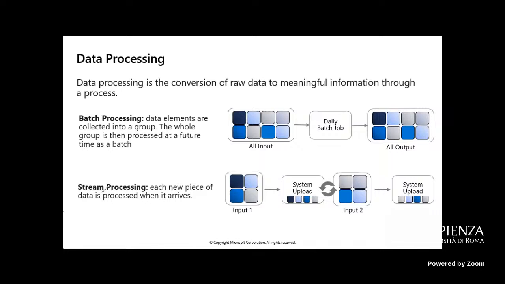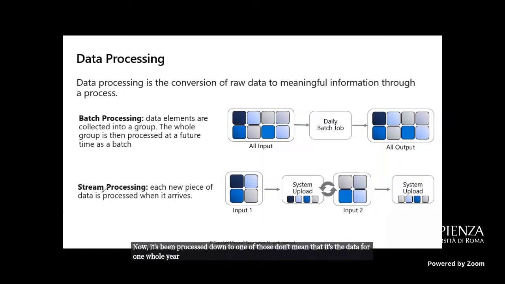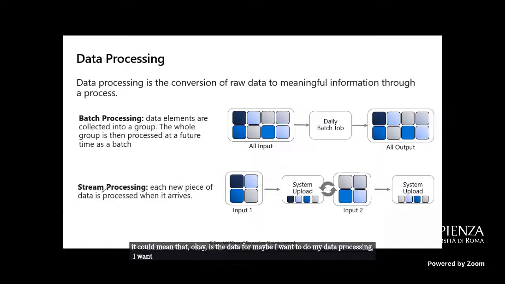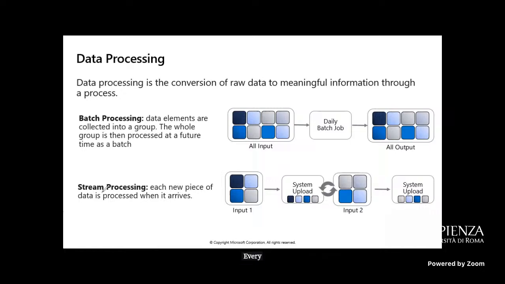So batch processing is typically used for large data sets, where the data is grouped and then processed at once. Now, it being processed at once does not mean that it's the data for one whole year. It could mean that I want to do my data processing every 2 hours, every 1 hour, every 14 days, every 15 minutes.